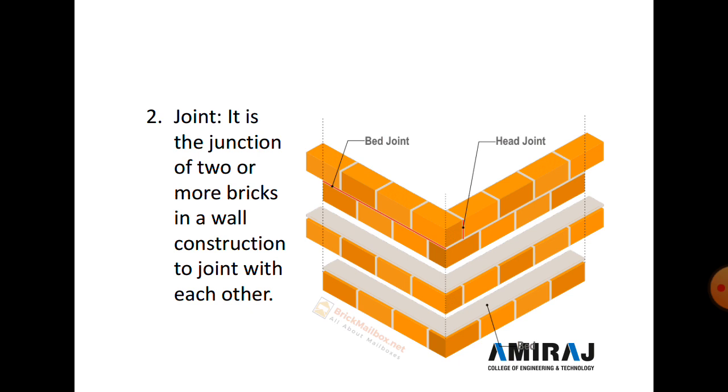The joint between the header parts of bricks is called a head joint. See the red vertical line shown in the figure, marked as the head joint. A head joint is a vertical joint. And what is a bed joint? A bed joint is a horizontal joint, where one layer of brick is joined with another layer.